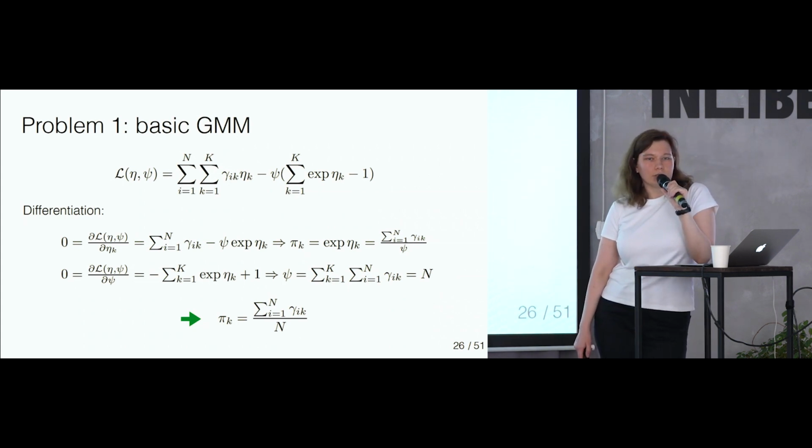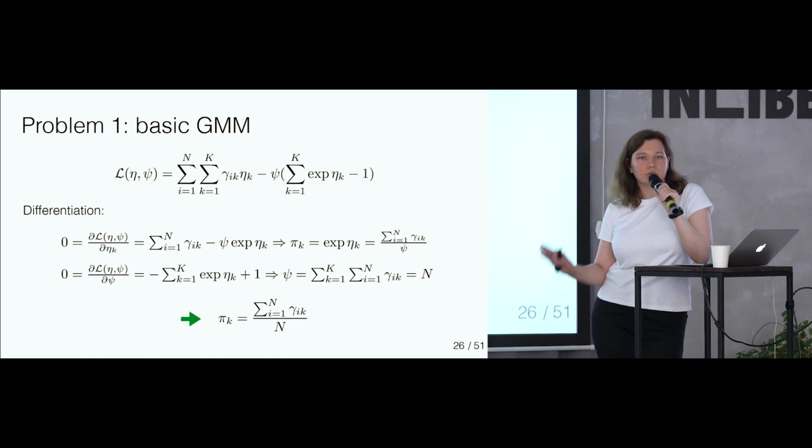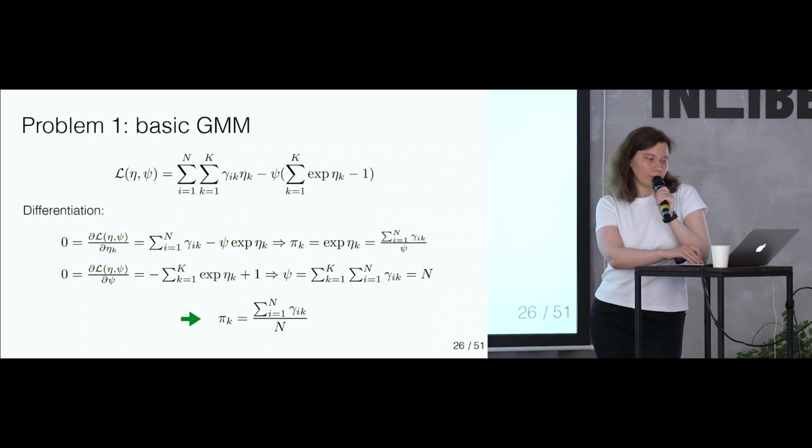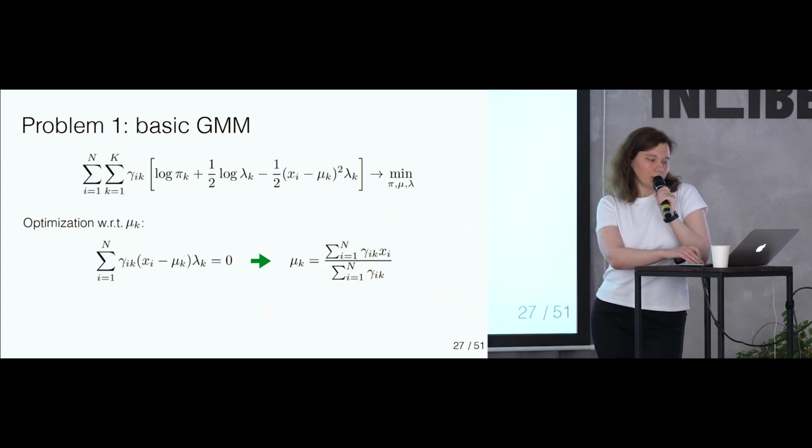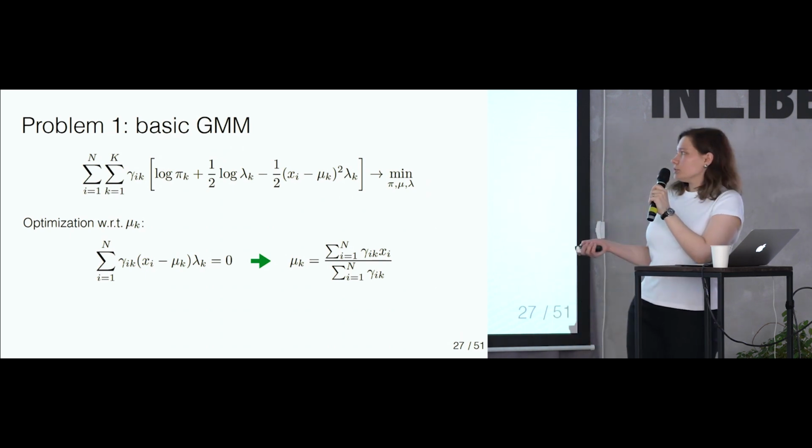Do you have any questions here? It's very similar to the problem from the first seminar. And to optimize with respect to mu, we just take a derivative, make it equal to 0, and find the solution.